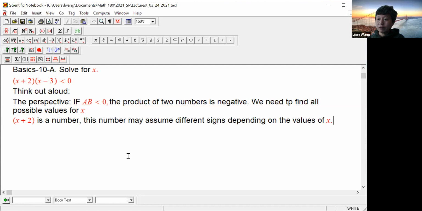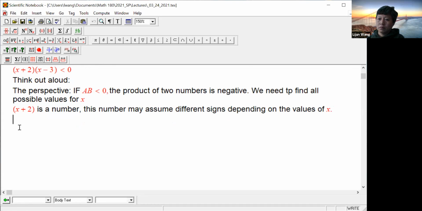If you think about it, if x equals 5, then x plus 2 is what? It's positive, right? If x equals -10, x plus 2 would be what?